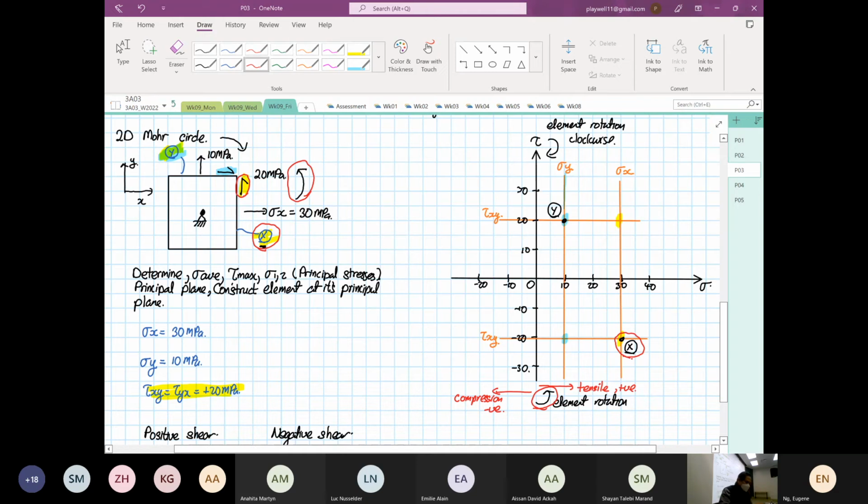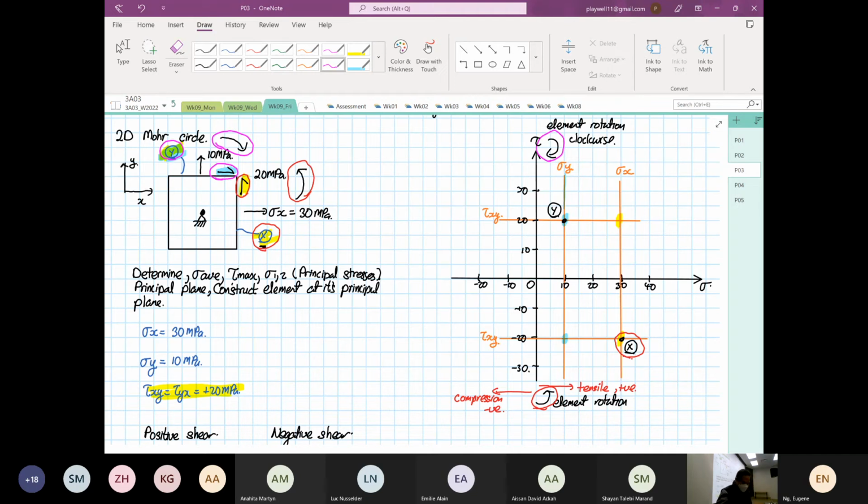And if you look at Y, the element will rotate clockwise. So clockwise, Y is on top. So that's the confusing part. Positive shear, negative shear means nothing on Mohr circle. It is all dictated by the rotation of the element.